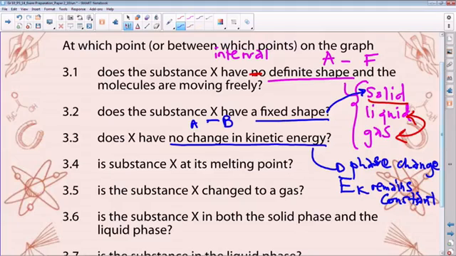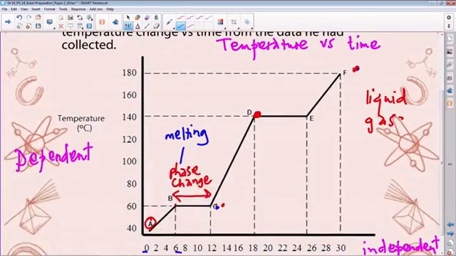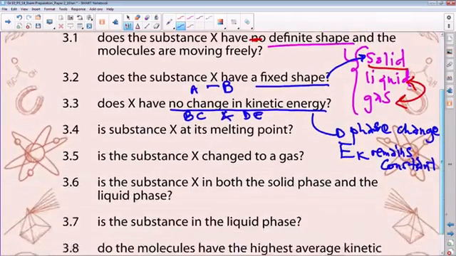You'd agree that during the phase changes BC and DE, the temperature is constant, between 6 minutes and 12 minutes, as well as between 18 and 26. So BC and DE, temperature remains constant because there is a phase change.